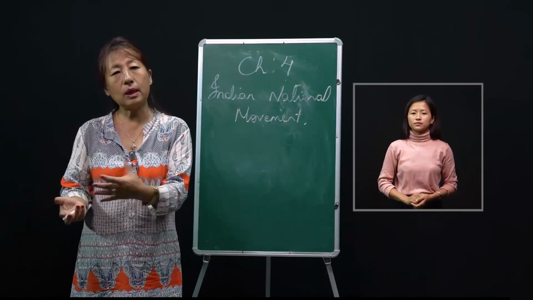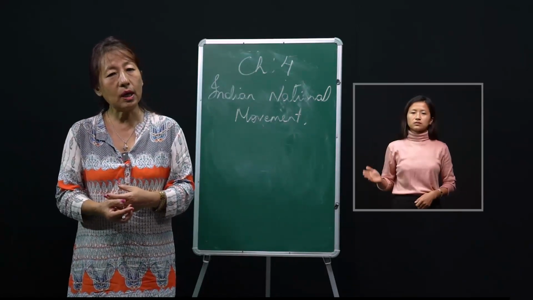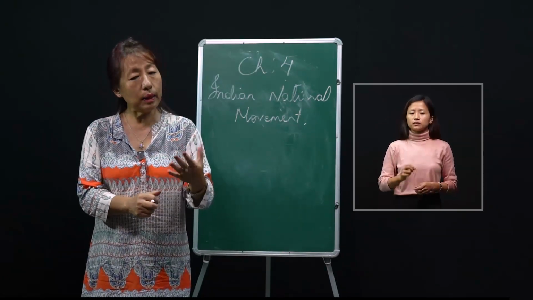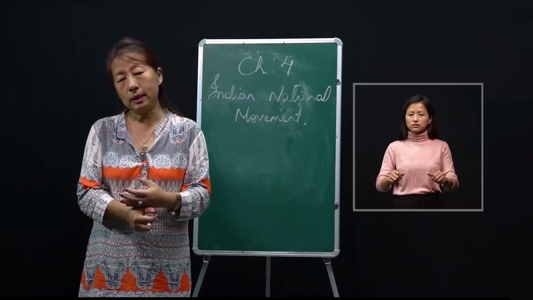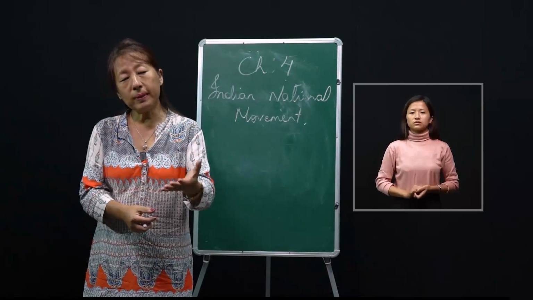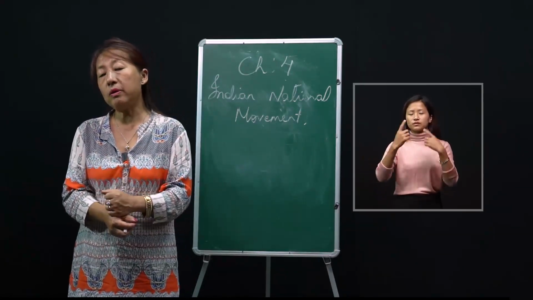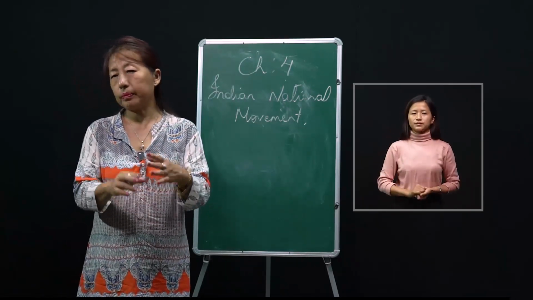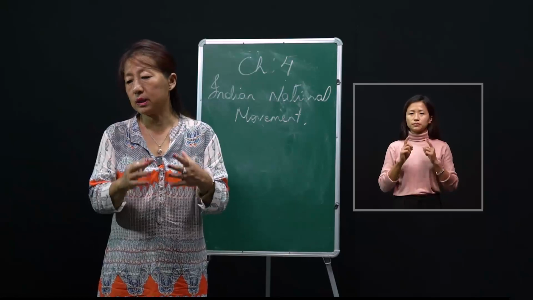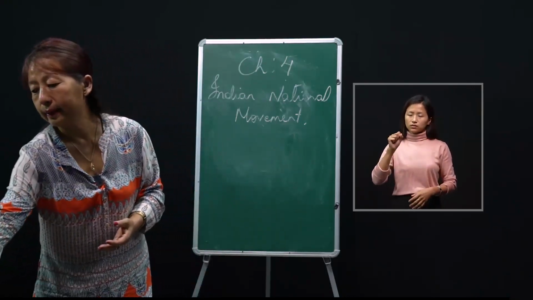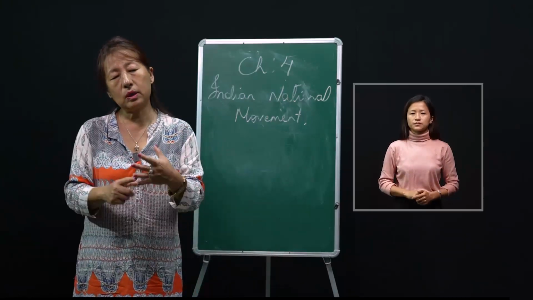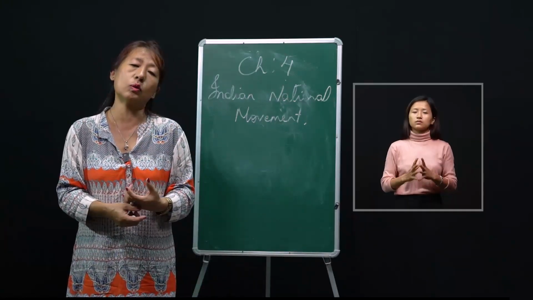But since India was still under the control of the British, they followed with repressive methods and were able to stop the movement. So the movement came to an end because of the repressive method. The government got alarmed and became nervous, and they did so many things to the Indians.